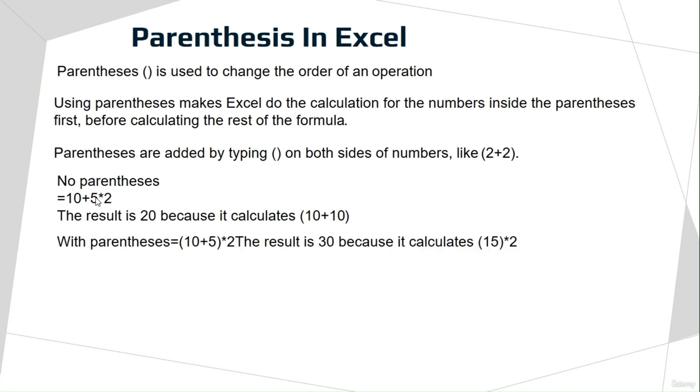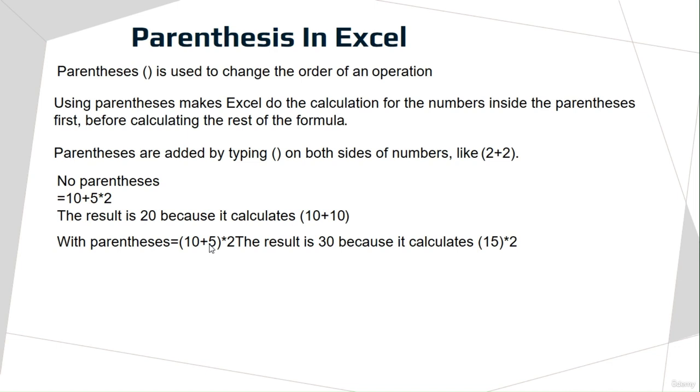Let's take a look at this scenario with parentheses. When we bracket 10 plus 5, then multiply by 2, the result is 30 because it first calculates the values inside the bracket first. That is 10 plus 5 gives us 15 before it multiplies it by 2.